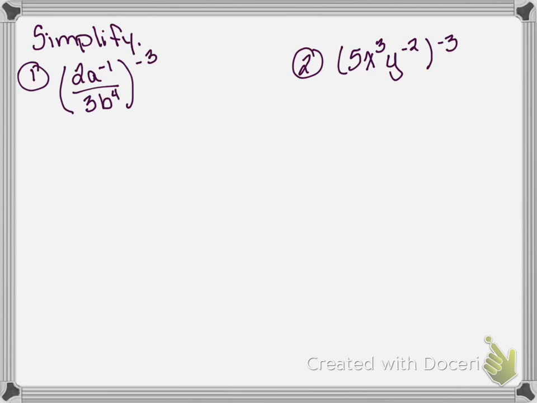So the first property that we're going to use tells us to give this -3 to every single thing, including the numbers inside the parentheses. Okay? Students very often will forget to give the numbers the exponent, and you have to give the number the exponent also. So we're going to have 2 to the -3 power.